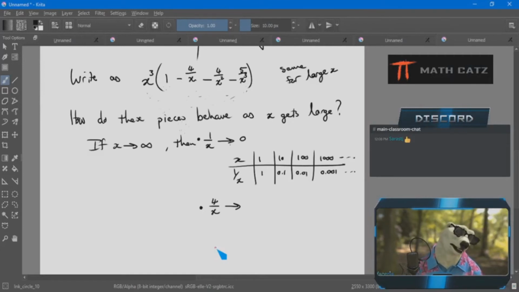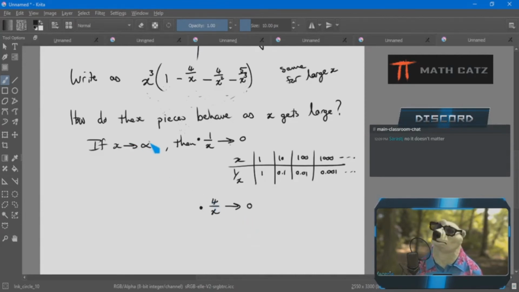Does it matter if I look at 4 over x instead of 1 over x, in terms of how that fraction behaves? Is it going to steer it into a different direction? It might slow it down initially, but when x blows up, the denominator is so inconceivably large that 4 doesn't make any impact. So it's still going to shrink down to 0.